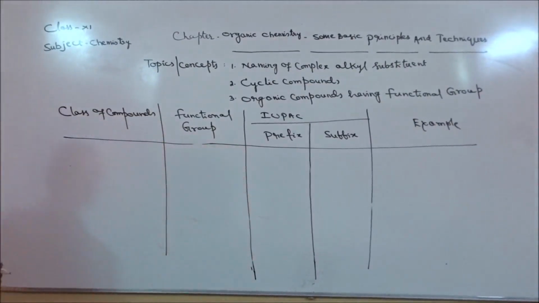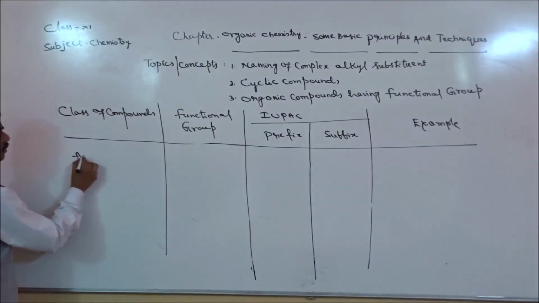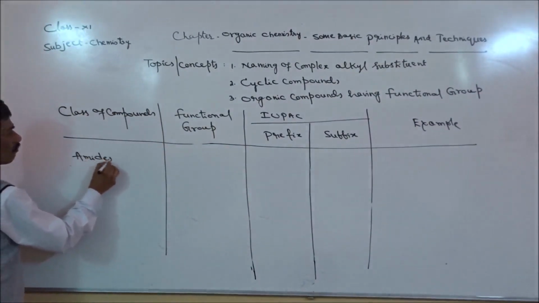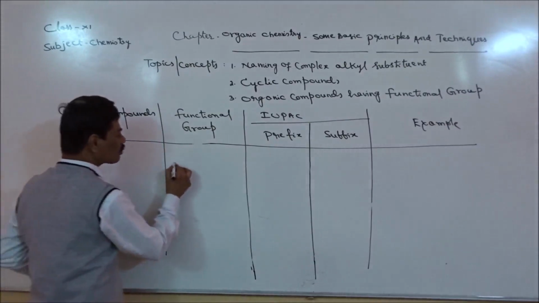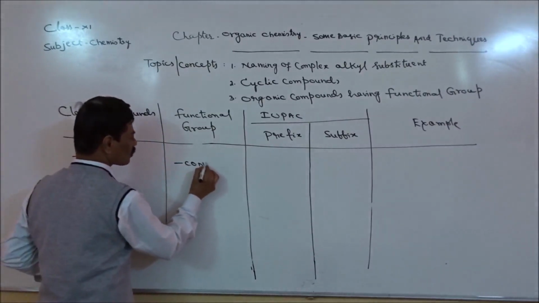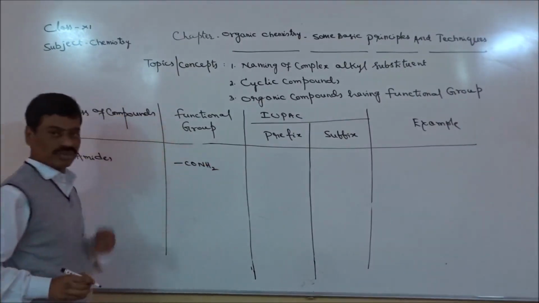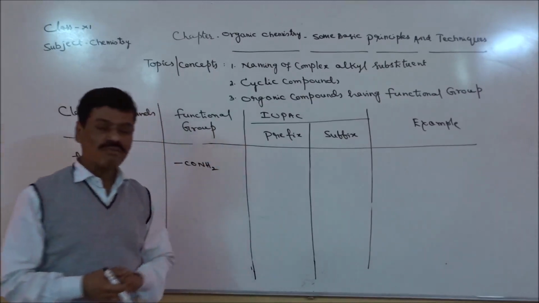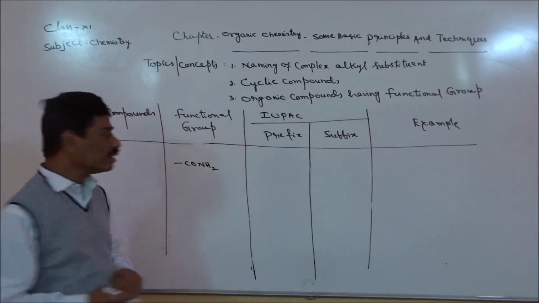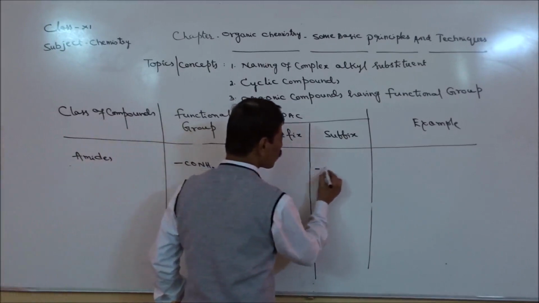Now, let us see the other class of compounds, that is amides. And the functional group is CONH2. And the name of the compound ends with -amide, so it is the suffix.